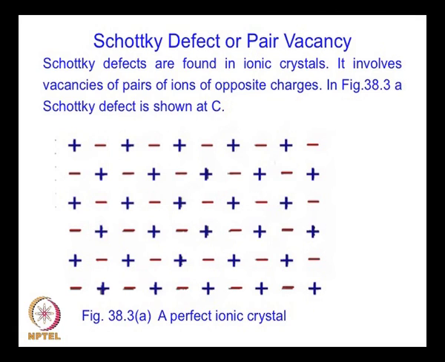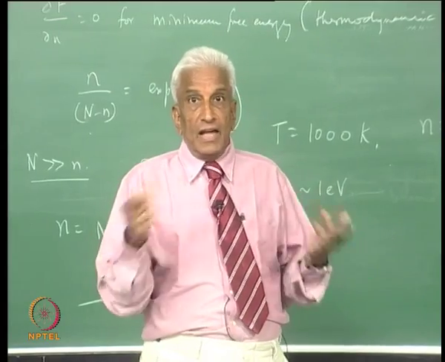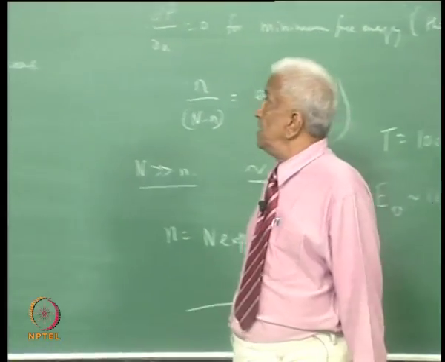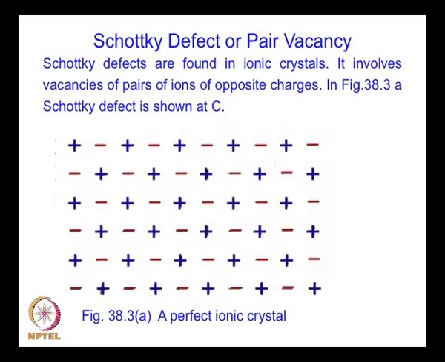So, it is energetically more favorable to create vacancies on both sides, anion as well as cation side, so as to ensure charge neutrality. So, this obviously costs less energy.